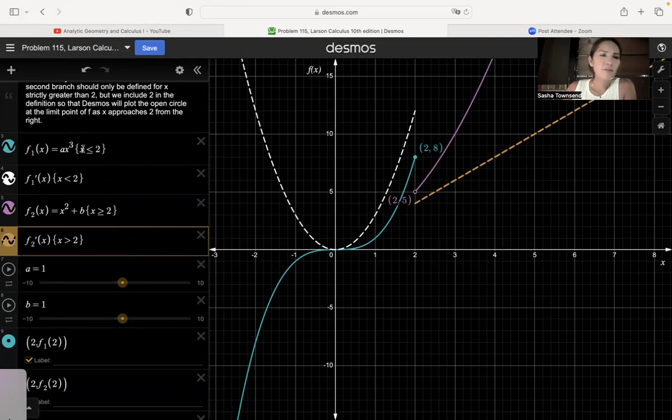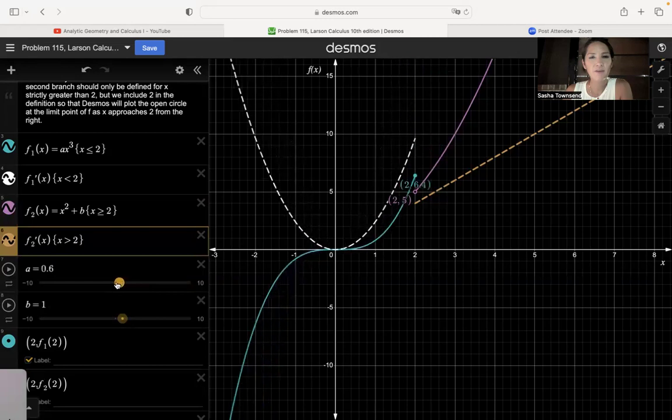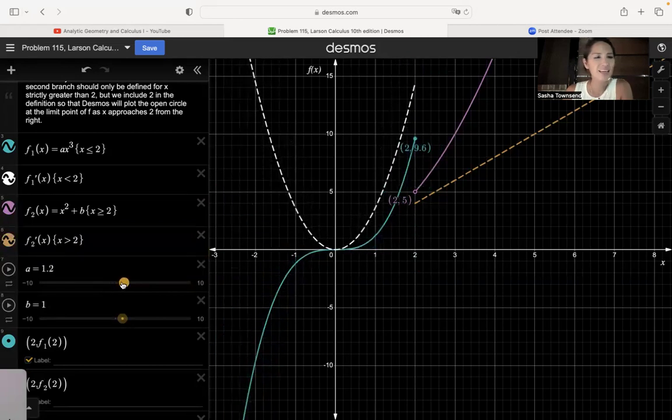We know that the derivative of this function is y equals 3 times a times x squared. So this parabola is actually a function of a. If we change the value of a, that's going to stretch the graph vertically or shrink it. Now, if we change the value of b, that moves this graph up and down, but it doesn't actually change the slope at all because we're just taking the y equals x squared graph and moving it up and down.